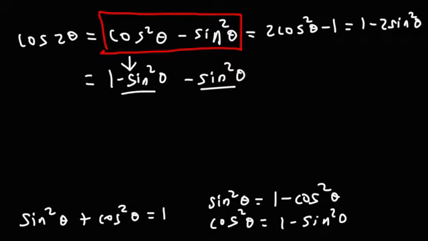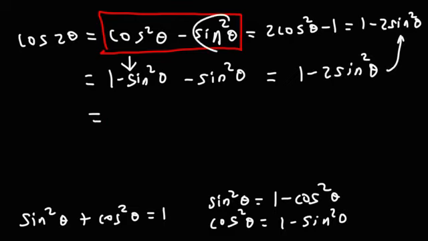So starting with this formula, if we replace cosine squared with 1 minus sine squared, these two are additive, and they will give us 1 minus 2 sine squared. So we get this formula. Now, if we replace sine squared with 1 minus cosine squared, starting with this formula, we'll have cosine squared minus 1 minus cosine squared.